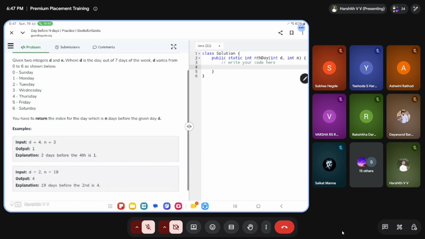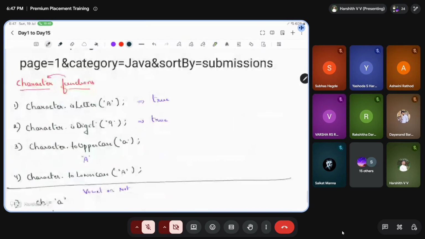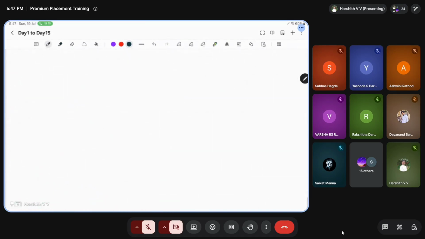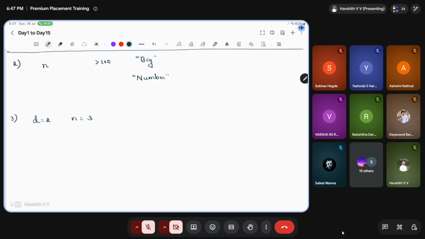Now tell me, if d is equal to 2, for this example, I'll explain here, it is easy to explain. If d is equal to 2, and if n value is equal to 3, that is which day? This can be one of the test cases also. D is equal to 2 is which day?